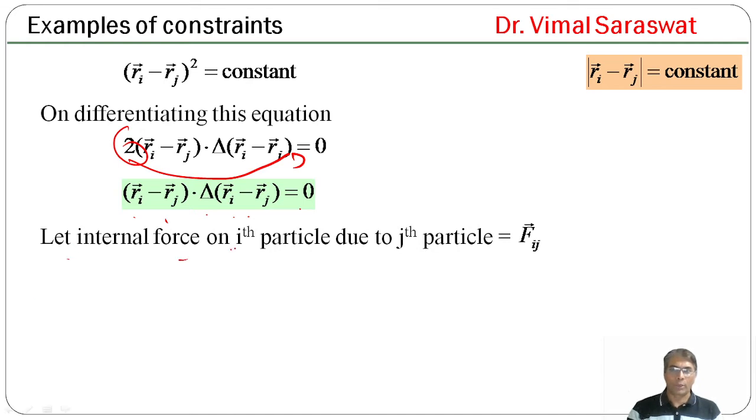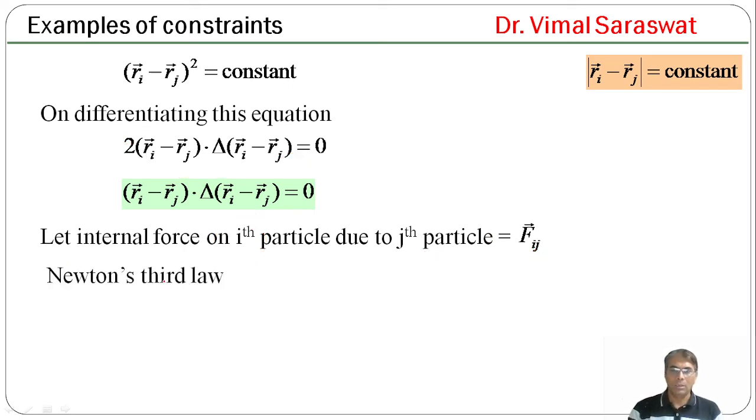Let the internal force on ith particle due to jth particle be Fij. Now, from Newton's third law, Fij is equal to minus Fji, because Newton's third law is the action-reaction law.